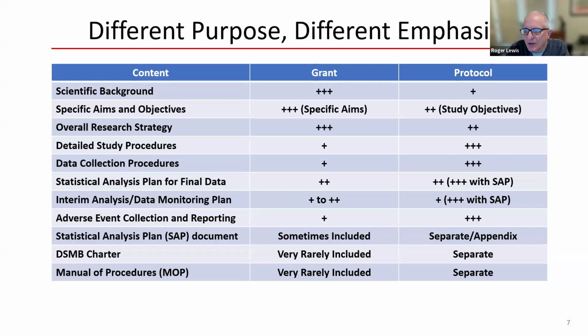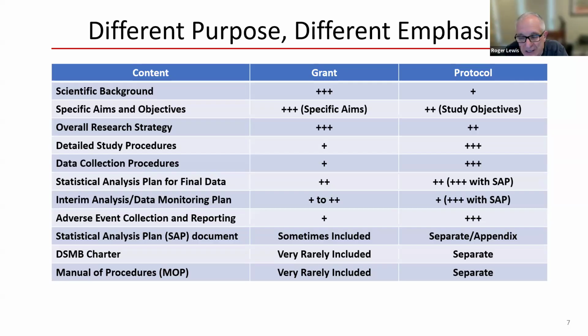In the protocol, it's similarly described, but the SAP, where the statistical decision rules are laid out, needs to be precisely defined so there isn't second guessing whether any of those statistical triggers for early stopping have been met.